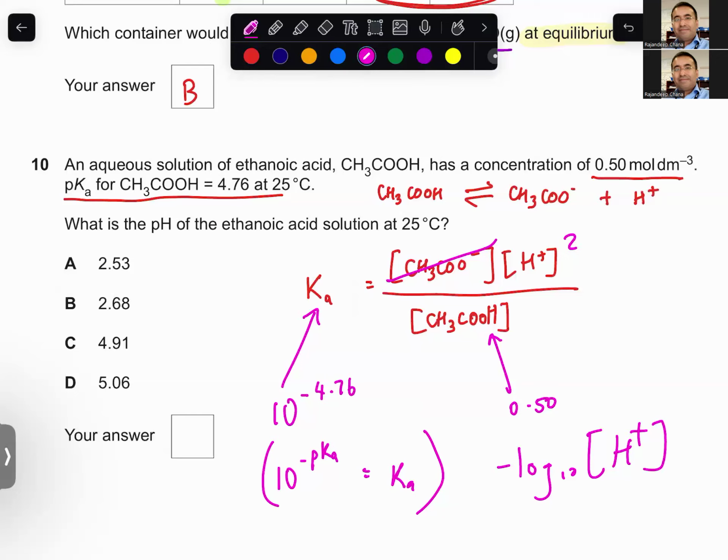Then we're going to take a square root of that answer to give us the H plus concentration, and we're then going to plug that into the minus log to the base 10 expression. I've got 2.53, which is the answer A. 10, yep, mark scheme supports that.